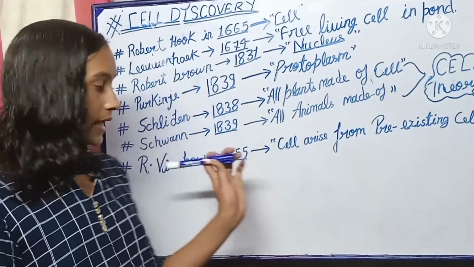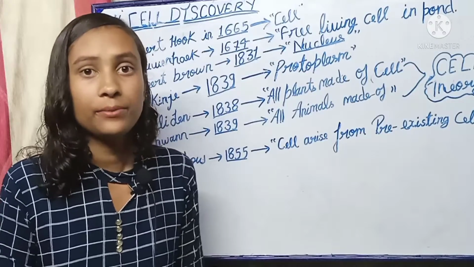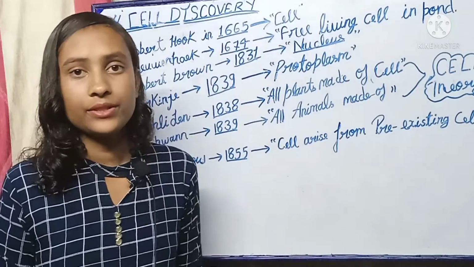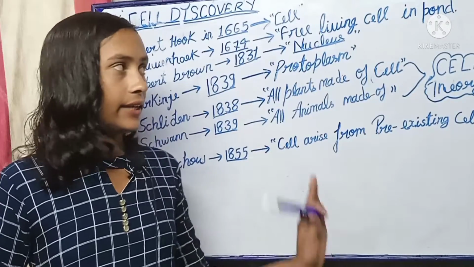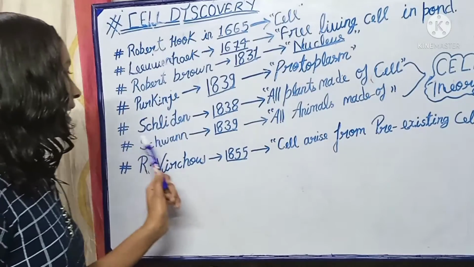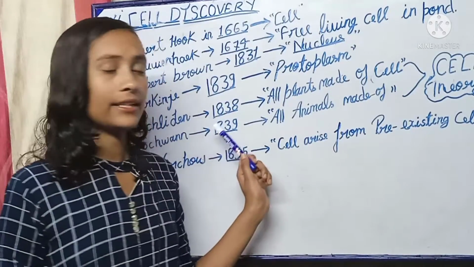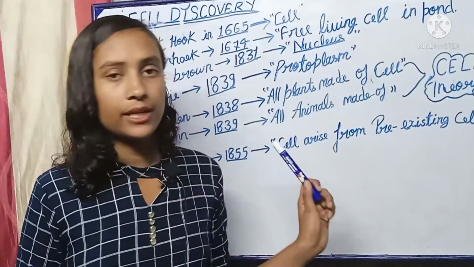After that one more scientist came, Schwann. In 1839 he stated that all animals are made up of cells. After that one more scientist came, Rudolf Virchow. In 1855 he stated that all cells arise from pre-existing cells. So Schleiden and Schwann, in 1838 and 1839, stated that all plants and all animals are made up of cells.